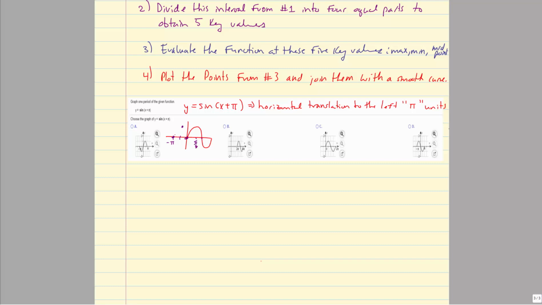So this would end up looking like it's still going to move up, come down, and cross. So it's definitely not moving to the right, and this graph is moving to the right, so it can't be that. This graph didn't move at all, it's just our sine curve, or really close to it, so it can't be that one. This one is moving pi units to the left, but notice this one moves down.